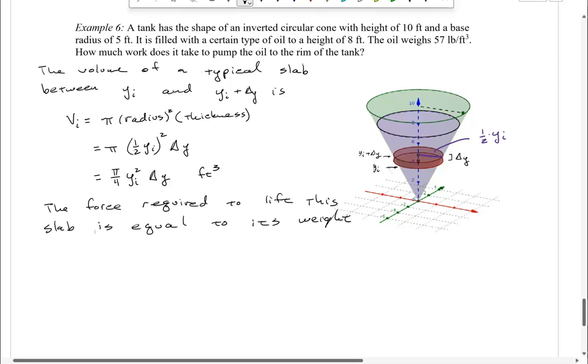Well, how do we get its weight? Well, we have its volume. If we knew the weight per unit of volume, we'd know the weight. And we have that right up here. So I'm going to call that the force of slab y sub I is going to equal 57 times our volume, which was pi over 4 y sub I squared delta y, and that's in pounds.